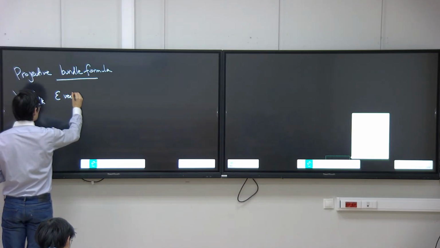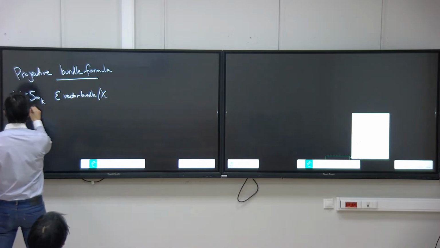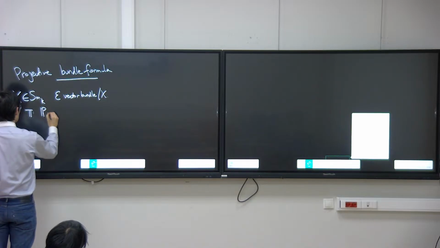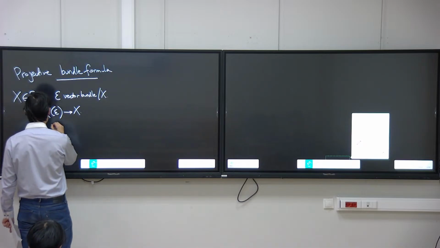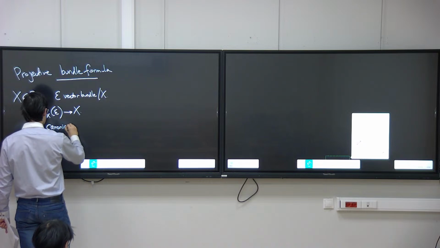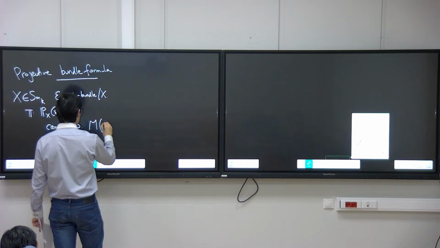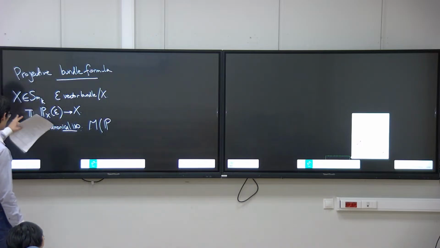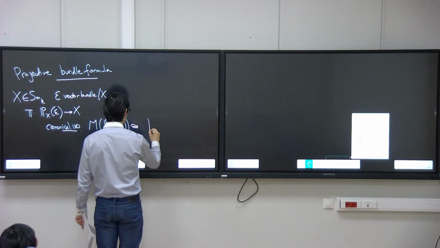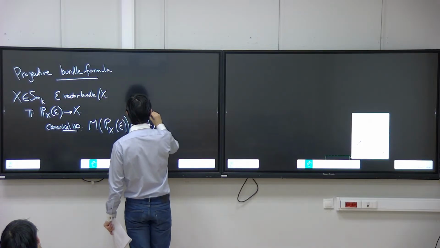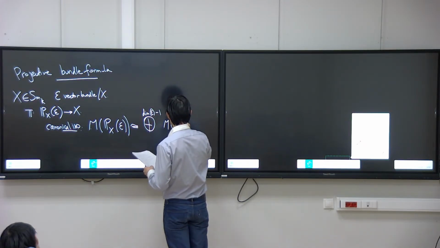E is some vector bundle over X, and phi is my projective bundle associated to E over X. Then I get a canonical isomorphism, which is called the projective bundle formula, of the geometric motive associated to this projective bundle, in terms of the motive of the target, just M of X, but shifted and twisted appropriately.